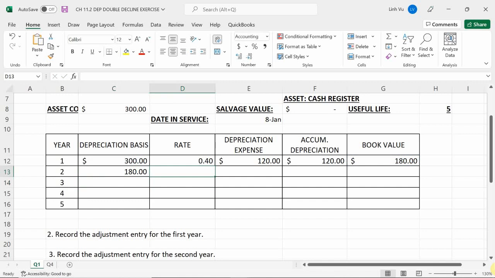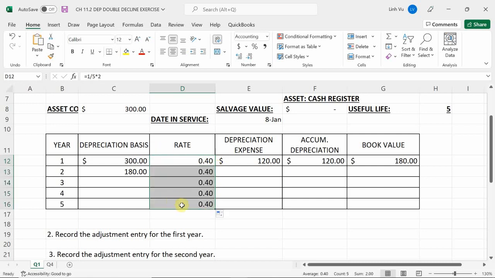So, what's my rate going to be? It'll be the 40%. Yeah, 1 divided by 5 times 2, which is that same exact 40%. So in this case, what happens to the rate? It stays the same, right?